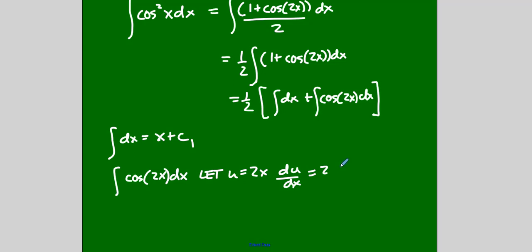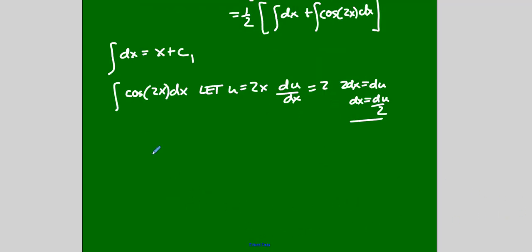Therefore, 2 dx cross multiplying is du. So dx is du over 2, and that's what I'm going to use in my substitution here. So here I now can write cosine u times du over 2 because I'm replacing dx with du over 2.